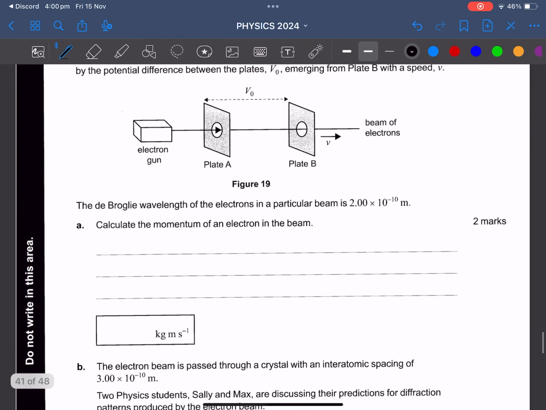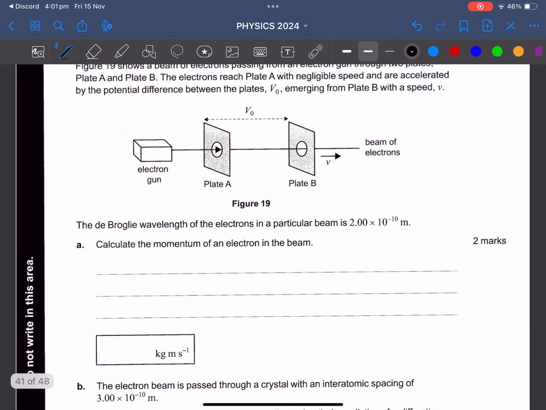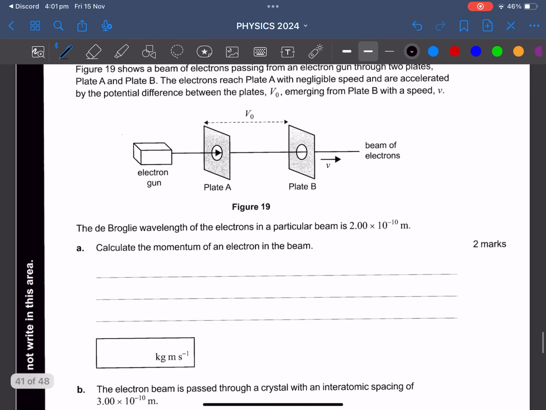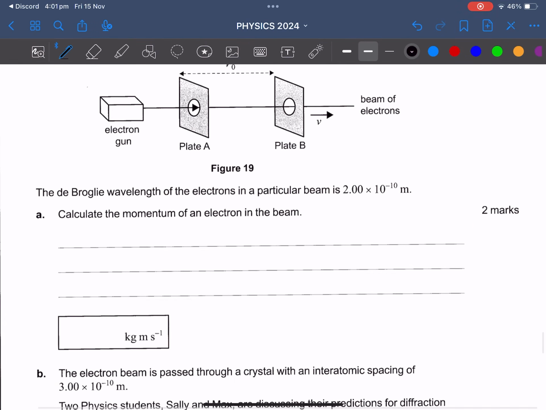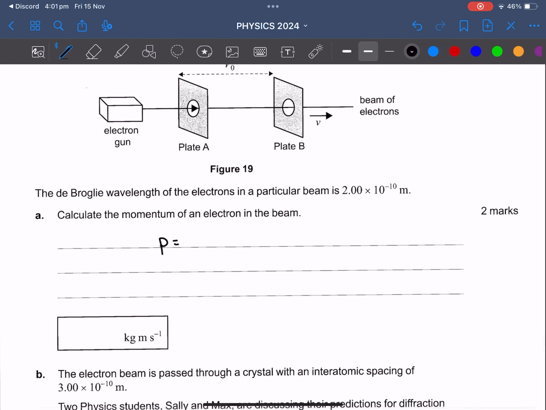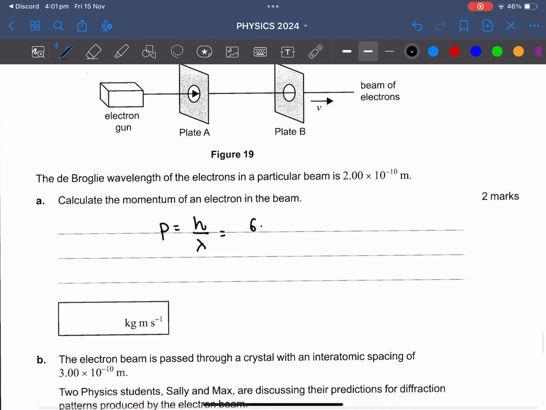The de Broglie wavelength of the electrons in this particular beam is given. Calculate the momentum of an electron in the beam. So that would just be p equals h on lambda. We'll have h is 6.63 times 10 to the minus 34 divided by the wavelength that we have, which is 2 times 10 to the power of minus 10.